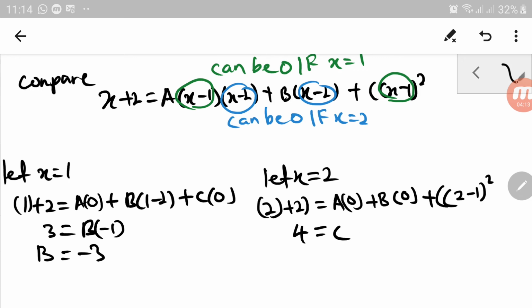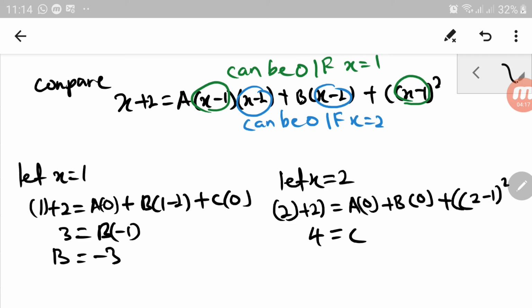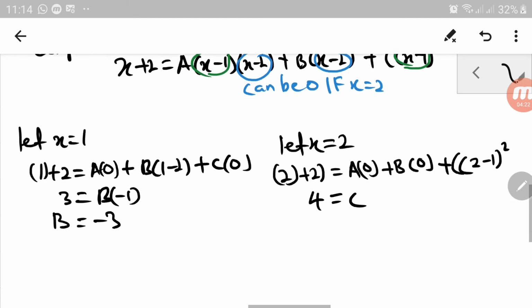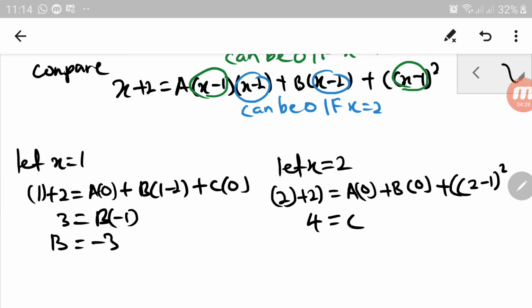As you notice, we already circled all the brackets and used up all the x values that will make the brackets 0. So what we can do next is let x be something else. I'm going to let x become 0, because it's easy to calculate.